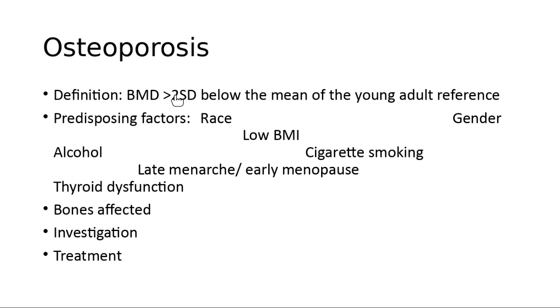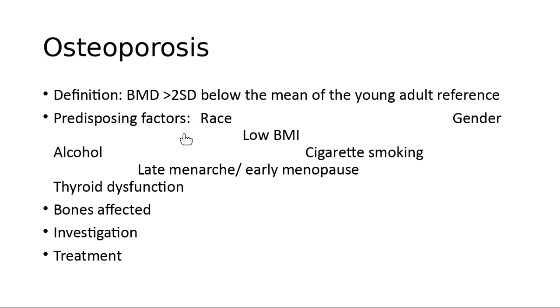And its definition is 2.5 standard deviations below the mean of a young adult that is used as a reference. And the young adult is expected to have a normal bone mineral density.